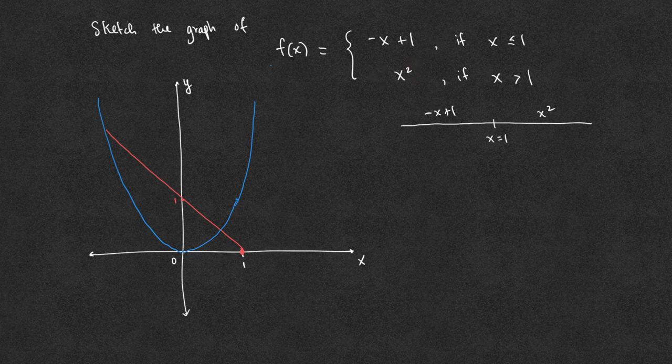You can just simply take an eraser and delete the part that is on the left-hand side of x equals 1. And also, x equals 1 is not included in the domain of x squared, so we're going to use an open circle at x equals 1 for the x squared piece. This is the graph of the piecewise function given.